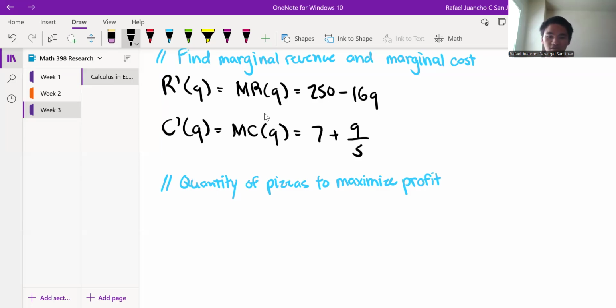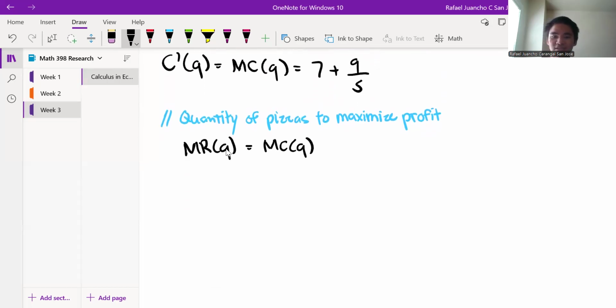Or we've hit something very low, right? So to maximize profit, our marginal revenue should be equal to our marginal cost. So the slopes of the revenue and the cost, or the rates, should be equal.